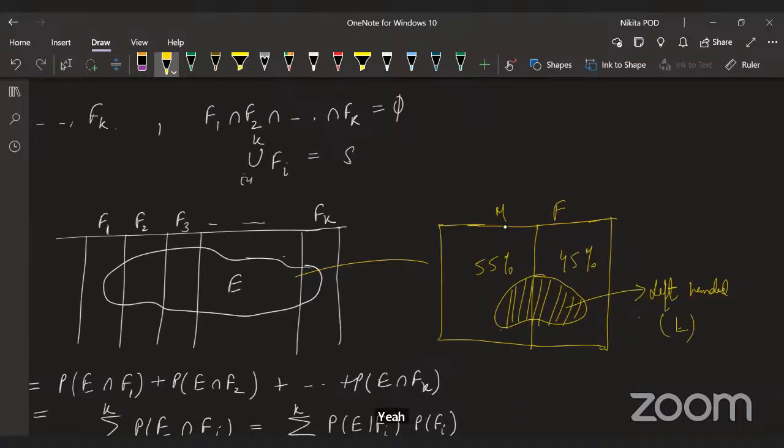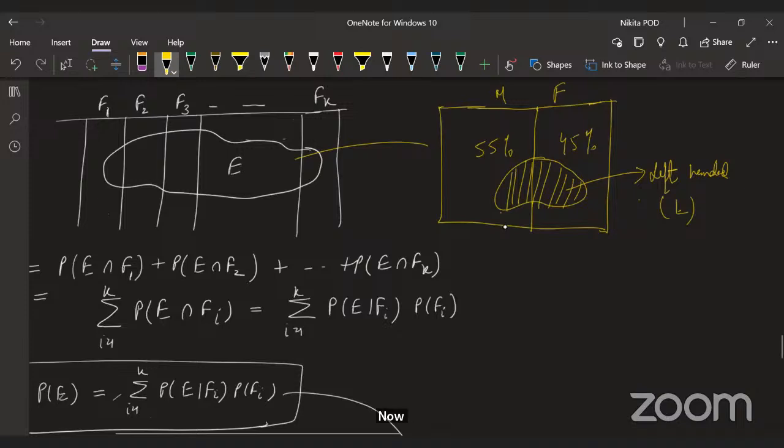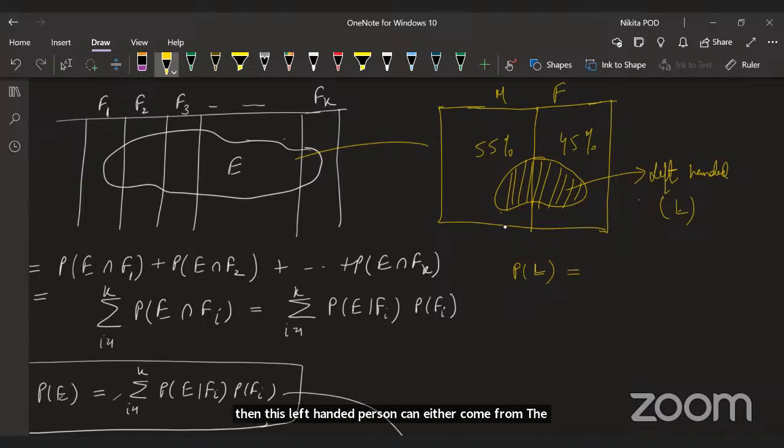Now, if you have to find the probability that a person is left-handed, then this left-handed person can either come from the male population or from the female population. So you have a condition on that.